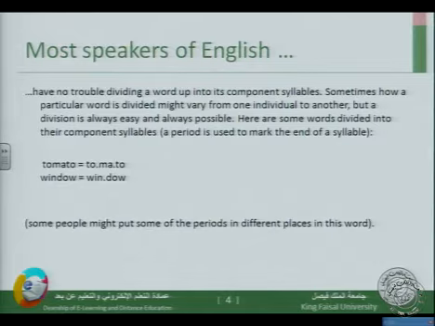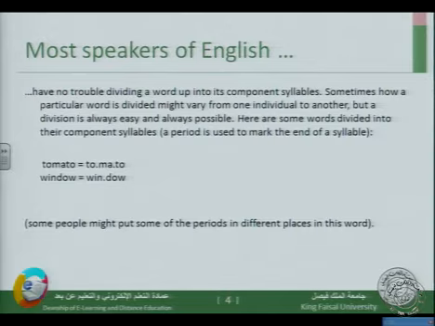Some of you may say the word globalization one way, and some others say it another way. So there is a difference in the syllables of each speaker. Each person sometimes pronounces a particular word differently from others.